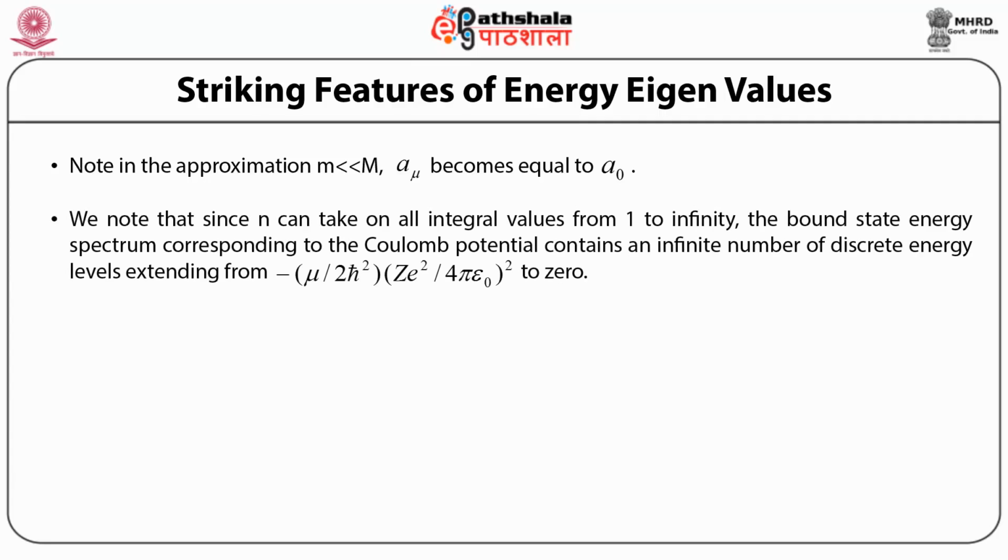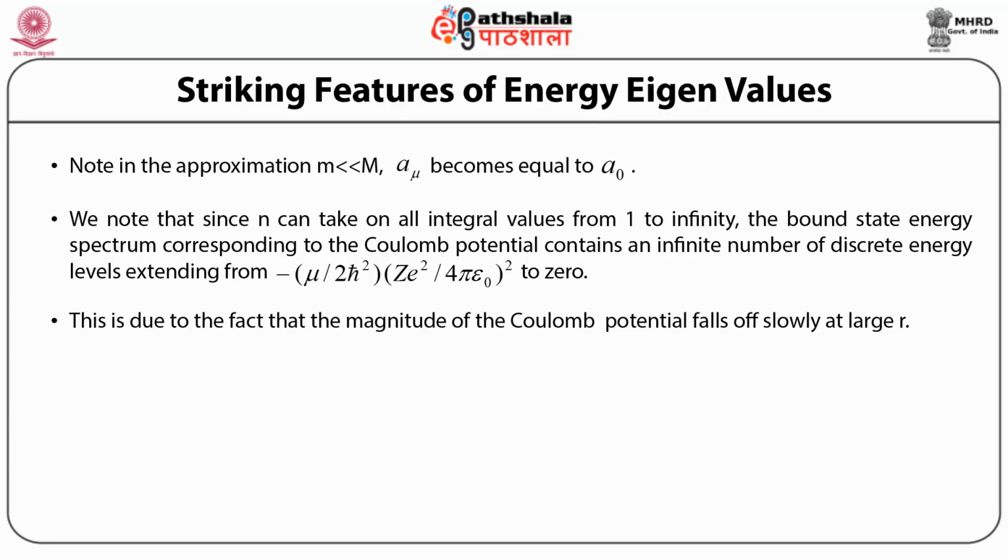We note that since n can take on all the integral values from 1 to infinity, the bound state energy spectrum corresponding to the Coulomb potential contains an infinite number of discrete energy levels extending from minus mu by 2ħ² multiplied by (Ze²/4πε₀)² to 0.